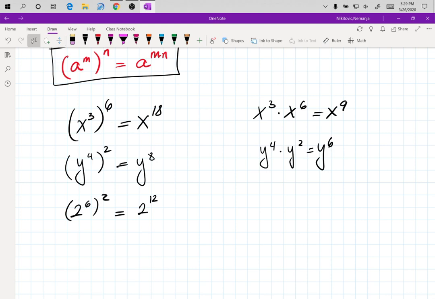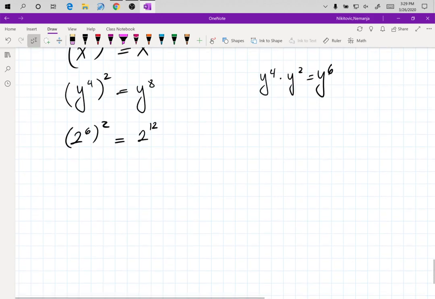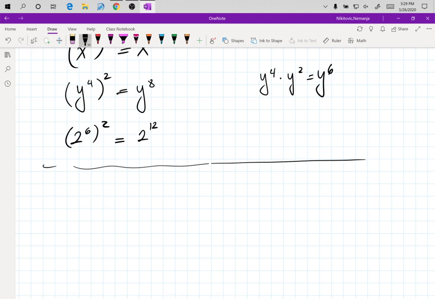So we have that rule. That rule is done. The next rule is raising a product to a power.